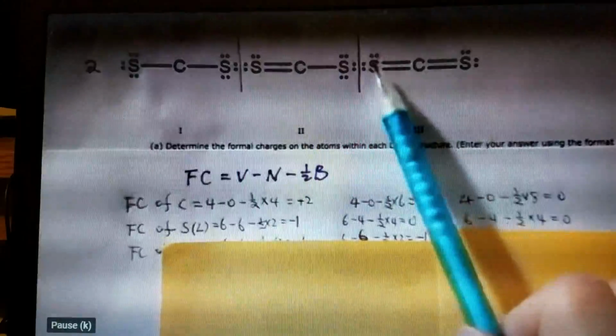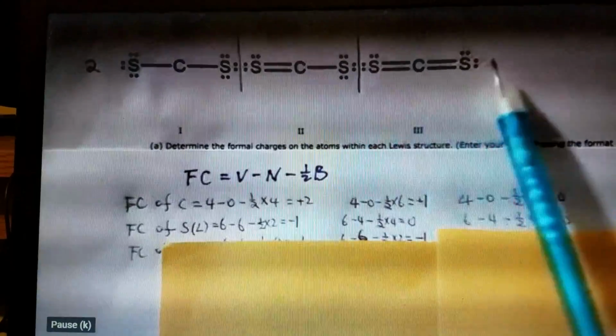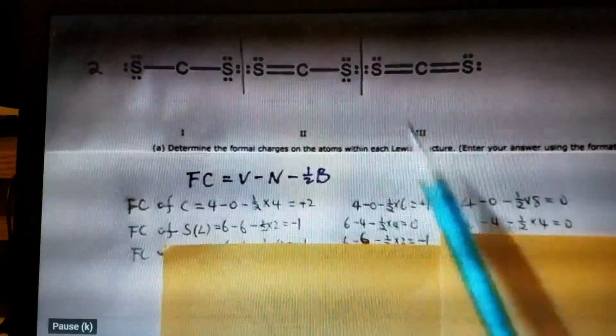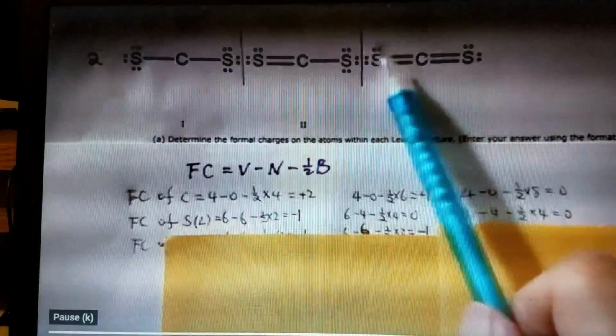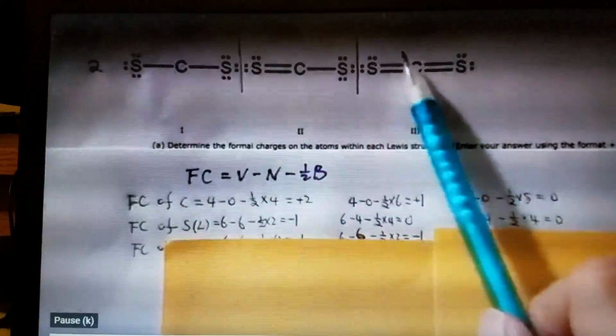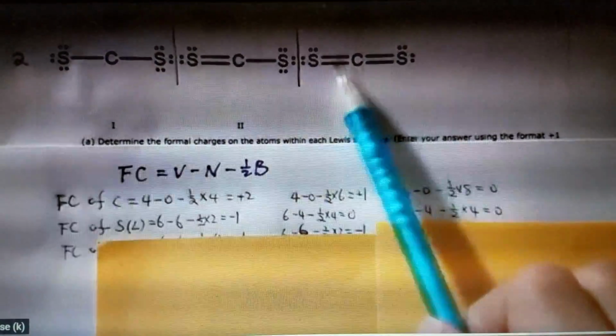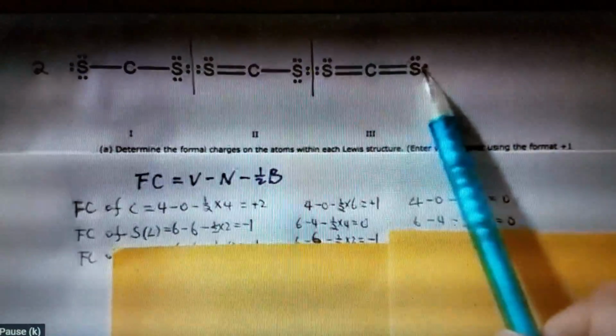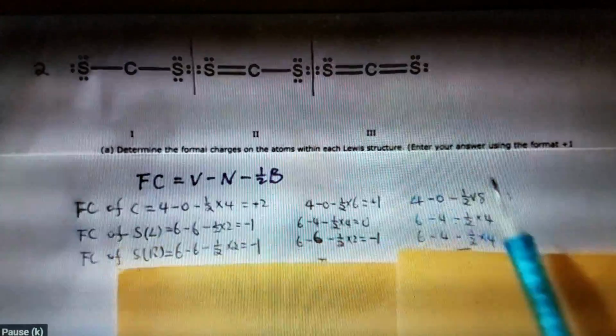For the one on the left, it should be the same as on the right. So that should be 6 valence electrons for sulfur, 2 lone pairs, then 4 non-bonding electrons, and then 1 double bond, which means a total of 4 bonding electrons times 1/2, that's also 0. And the one on the right-hand side is the same.